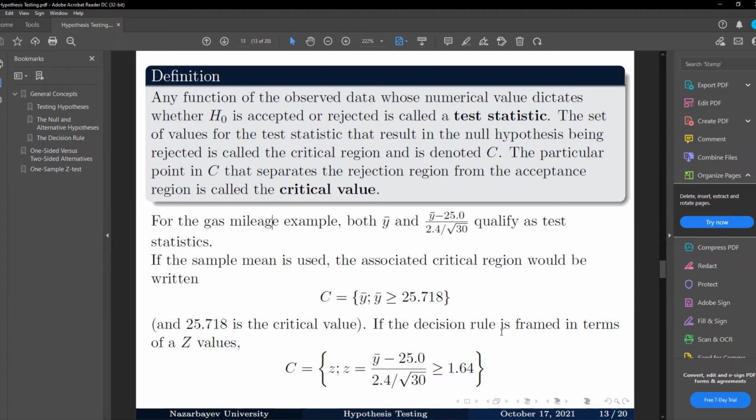If the decision rule is framed in terms of z values, then C is the set of values of z such that this normalized quantity of y bar is greater than 1.64, the 95th quantile of the normal distribution.